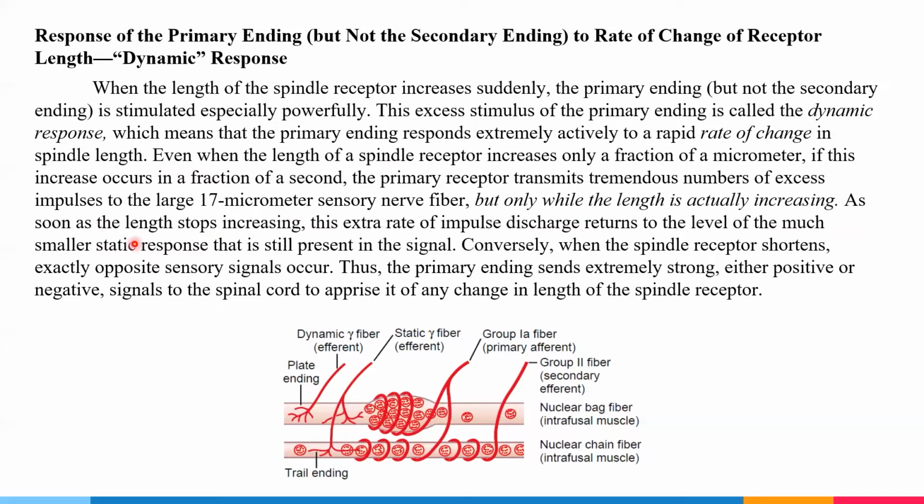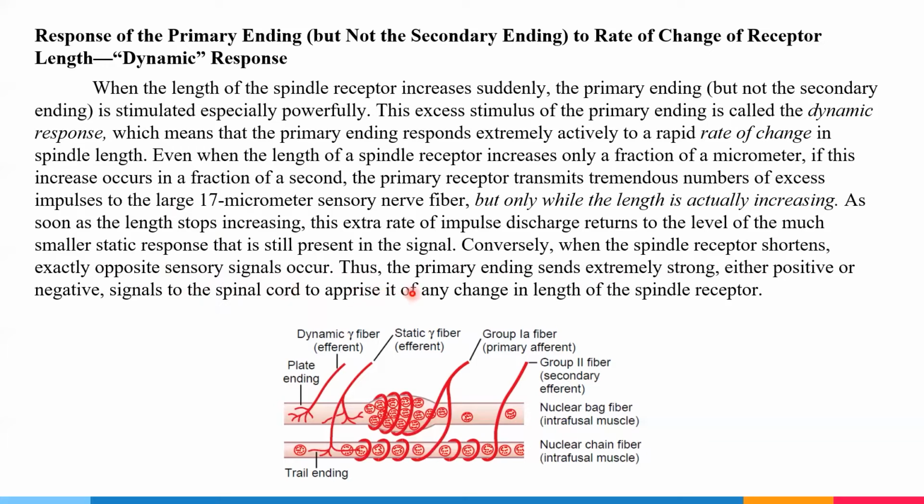As soon as the length stops increasing, this extra rate of impulse discharge returns to the level of the much smaller static response that is still present in the signal. Conversely, when the spindle receptor shortens, there is an exactly opposite sensory signal.